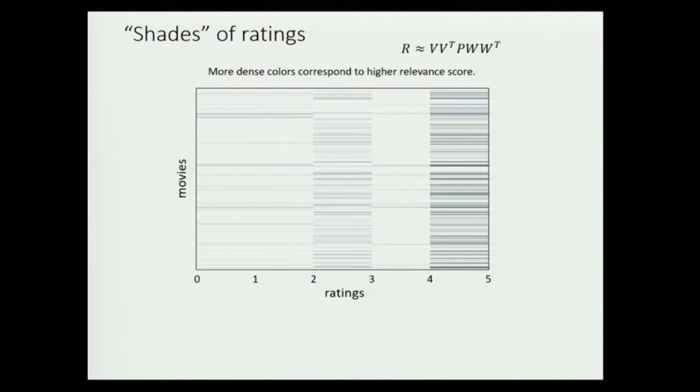So this is an example of the predicted scores for a test user, a single user, and the more dense colors represent higher relevance scores. So you can see that now our model gives more rich information about the user. It's a granular view on all kinds of preferences of the user with respect to all kinds of feedback.